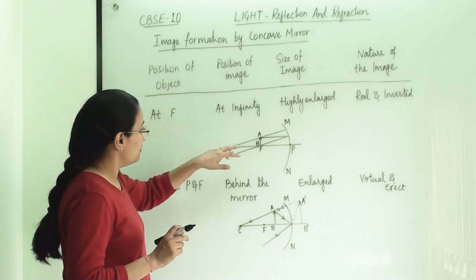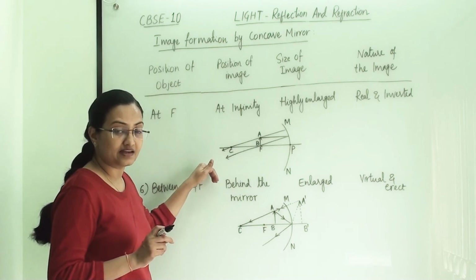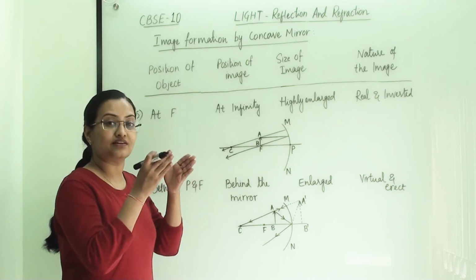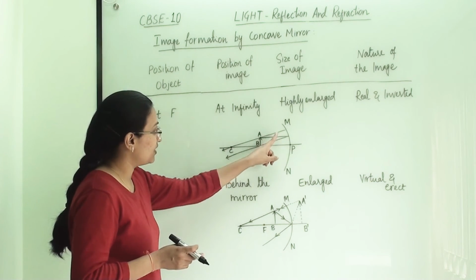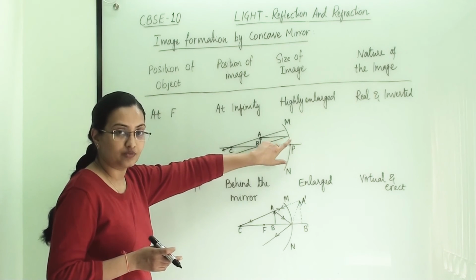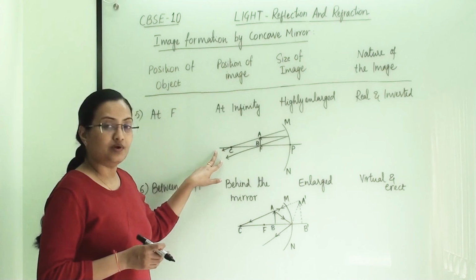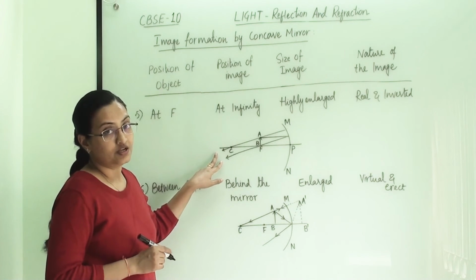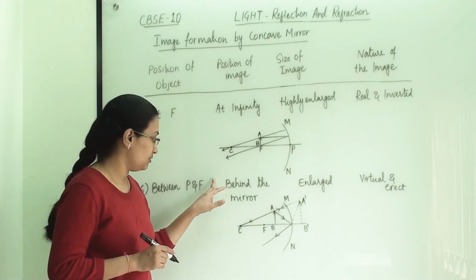Here the rays striking the concave mirror and coming back will be parallel to each other, so they go till infinity and there we will get the image.